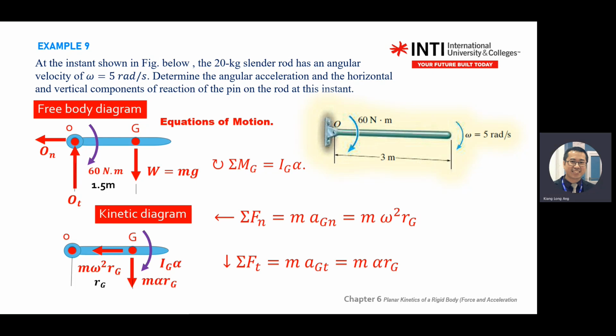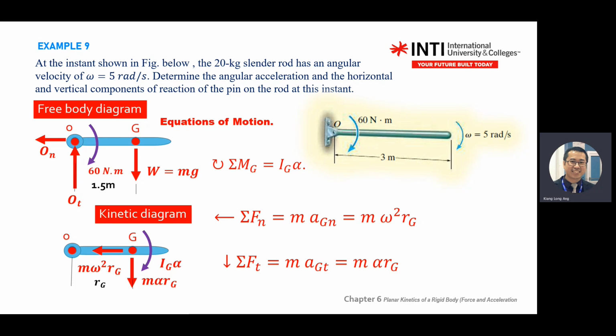For the moment at G, you have two sides: one is the free body diagram, one is the kinetic diagram. So the moment equals Ig alpha. You just put in what you see here. At the G point, don't put at O. If you do O, this becomes IO, where IO equals Ig plus MD squared.